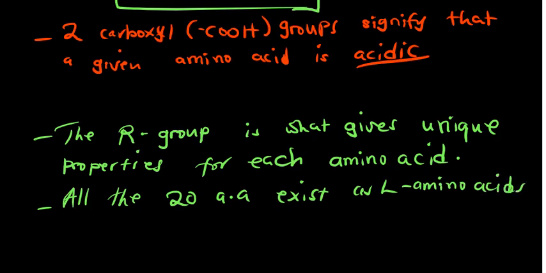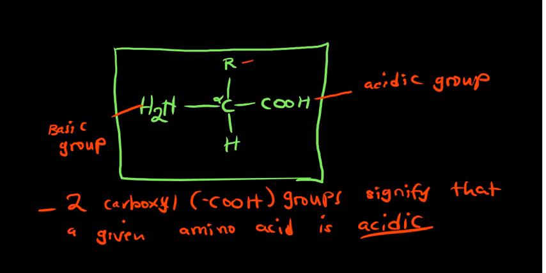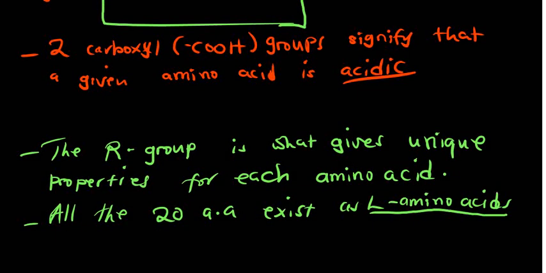And this means that the amino group is on the left side, as we can see from the structure that I drew here. It's on the left side. So these are the L amino acids.